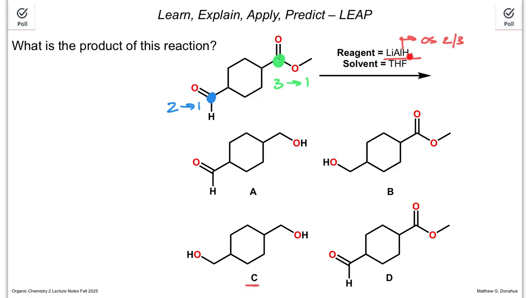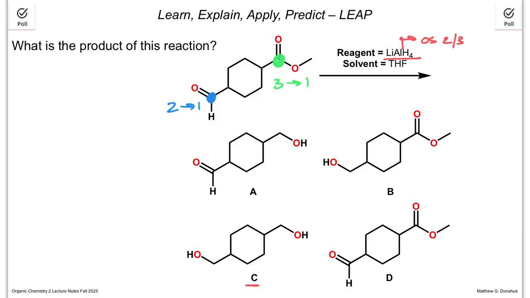So lithium aluminum hydride, or LAH, it's always going to make that. But say we wanted to retain that oxidation state at 2, but take that to 1. So there's a strategy for doing that we'll learn in the next module.